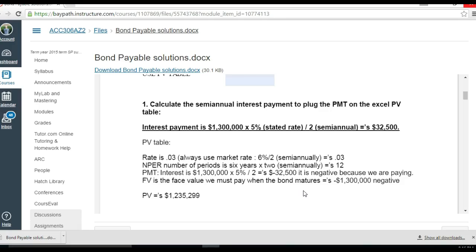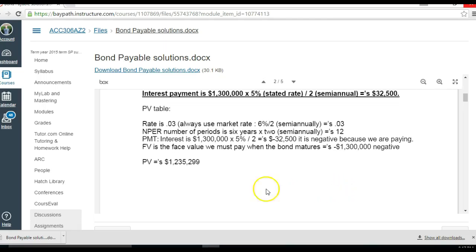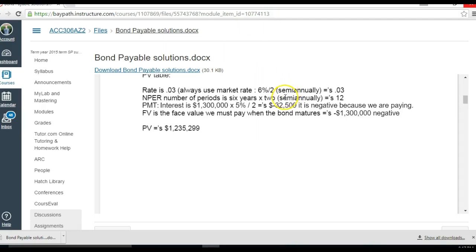So the two dollar amounts in your present value Excel spreadsheet are going to be negative $32,500 for interest payment and minus $1,300,000 for the face value of the bond. That will give you a present value of $1,235,299. So that $1,300,000 6 years from now, in its present value is $1,235,299.